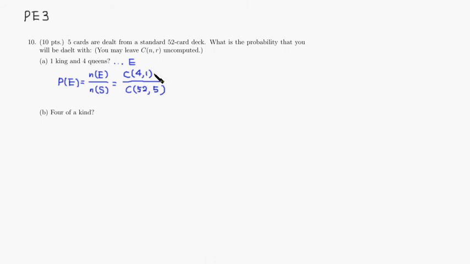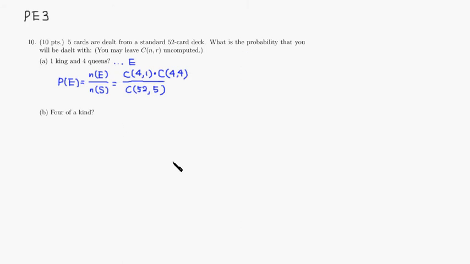Then by the multiplication principle, multiply by the queens: you have 4 queens and you have to pick all 4. There's only one way, but I'll write it as 4 choose 4, combination 4, comma 4. This will give you the probability of getting 1 king and 4 queens.